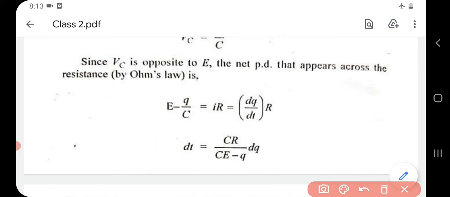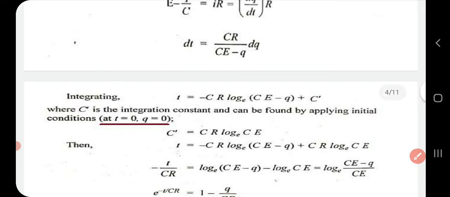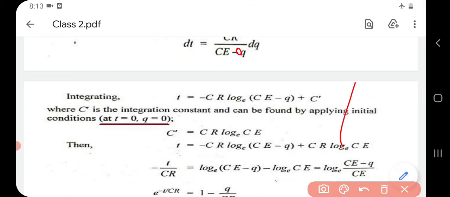On integrating, we get this value. The integral of dt is t, which is equal to CR, kept as such, times 1 by C minus Q. It will be log e of EC minus Q. Then there is a negative sign, which is the negative you see before this charge Q. Then plus a constant of integration.